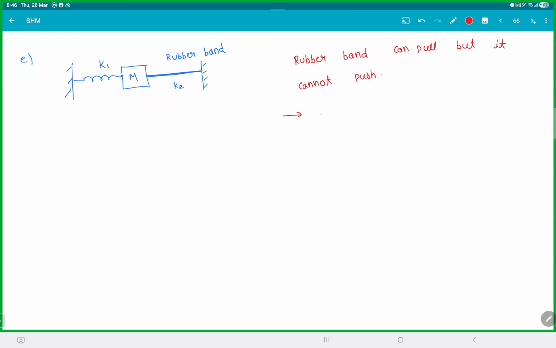So when rubber band is stretched, it behaves like a spring. But when you try to push the rubber band, when rubber band is pushed, it becomes loose. It does nothing basically.